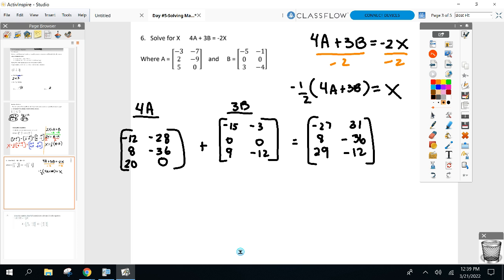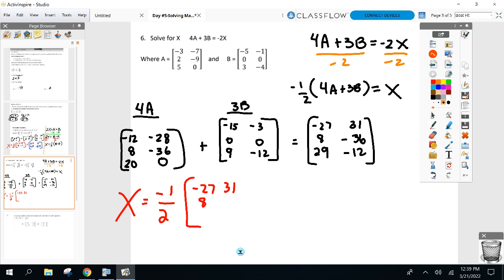And then at the end, multiply it by -1/2. If anybody sees a mistake up here with me, let me know, because it happens all the time. Fractions or decimals, fine.